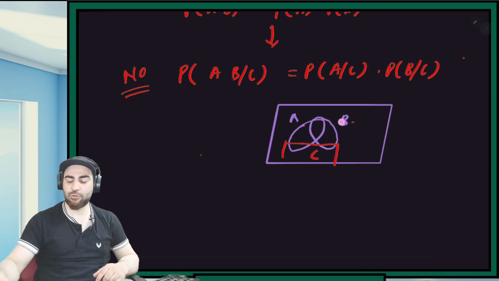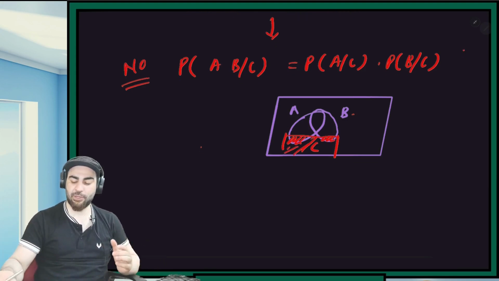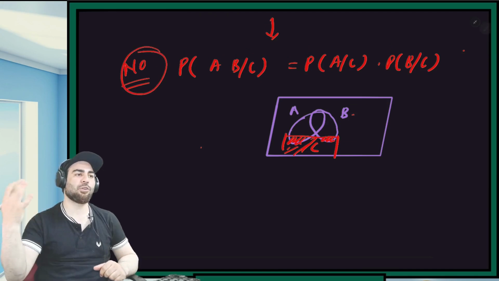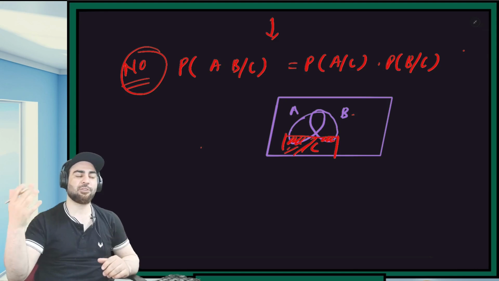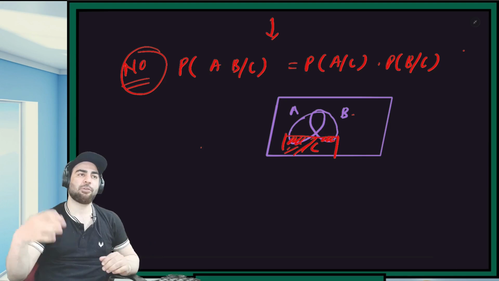Now after C happened, I have to restrict my sample space to these two portions, and you can clearly see that the happening of C made these two events dependent. So this is not always the case. You can also prove it algebraically, but that is not the concern.